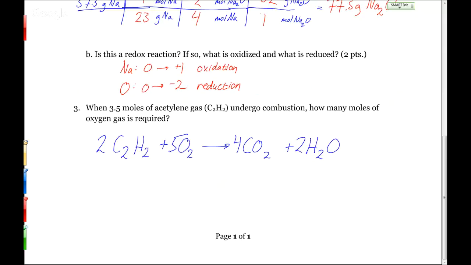All right, yeah. So then we know 3.5 moles of acetylene. And we want to know how much oxygen. So that means we want the ratio between the moles of acetylene and the moles of oxygen. Okay.